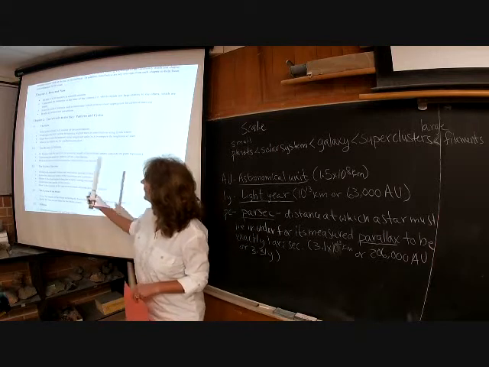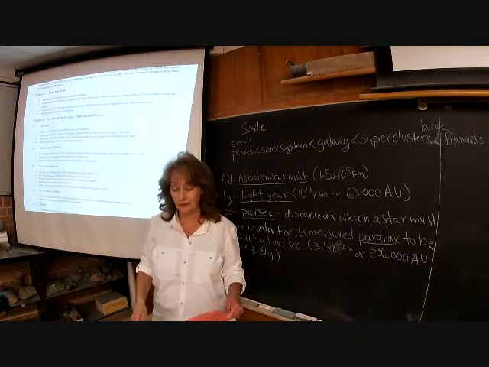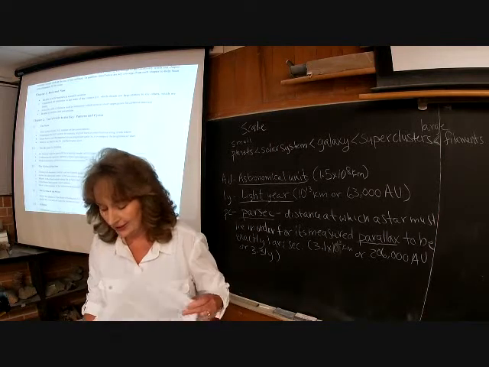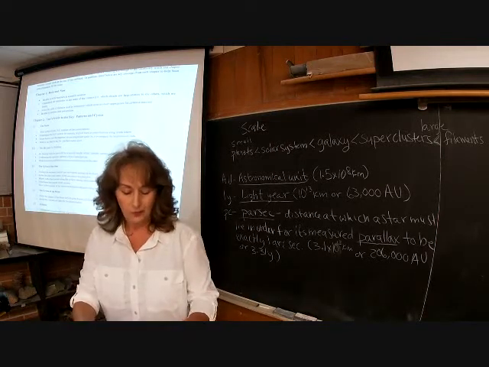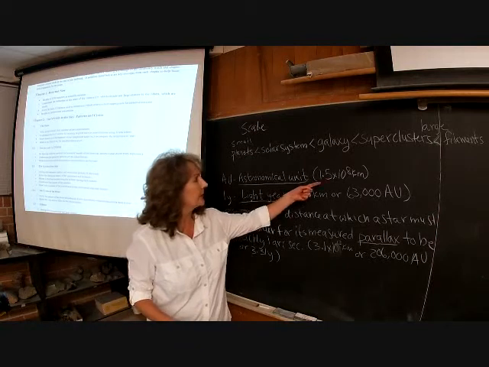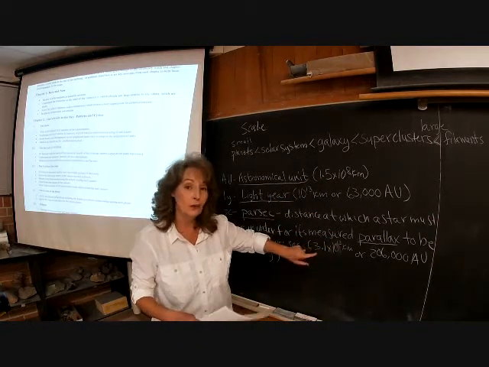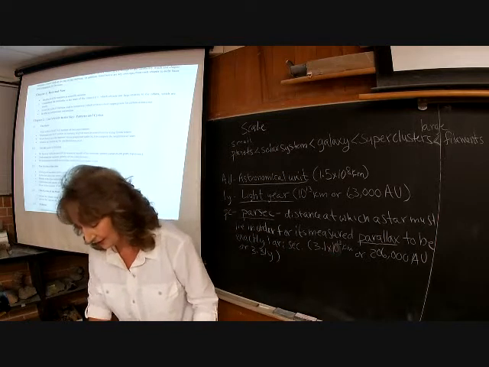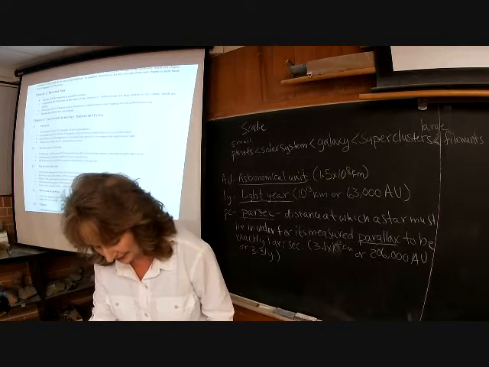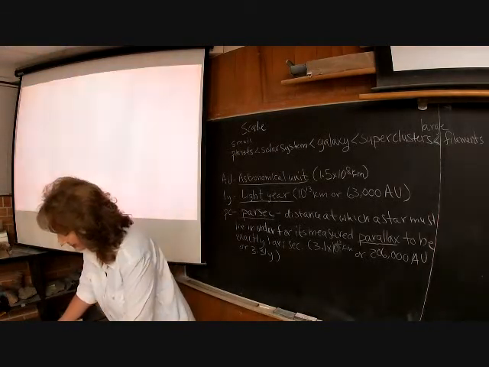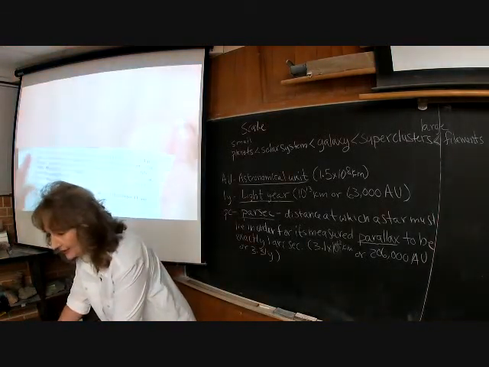But that last bullet, be able to perform unit conversion. So I have a few examples that we could pop under the camera here, just a couple, where we'll be using some of our conversion factors and convert them into other units.